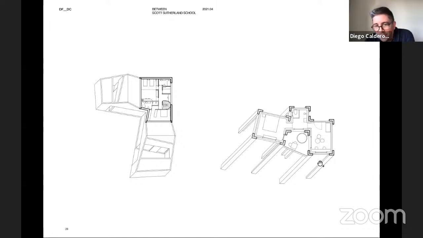And in the other case, you see how our strategy was, instead of providing the typical elements, this is a landscape hotel, maybe not thought for families or big families.